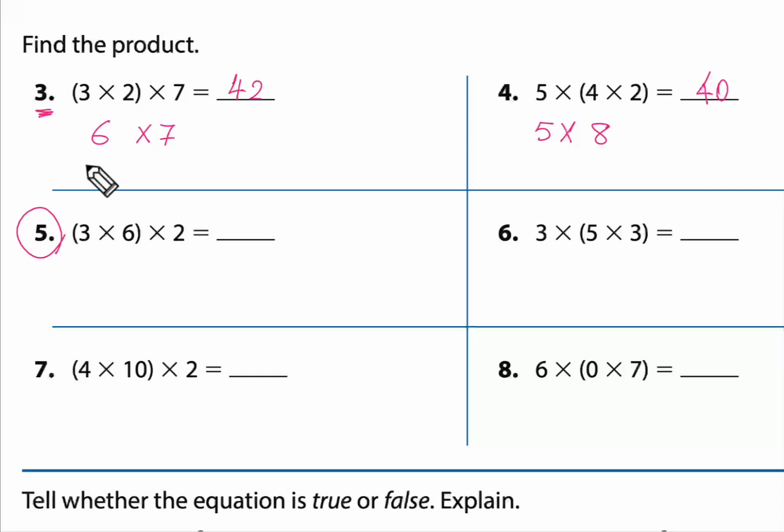What did you do to solve 5? No, I don't like this. 18 multiplied. Do you keep the timetable of 18? So how could you know that 18 multiplied by 2 equals this number?